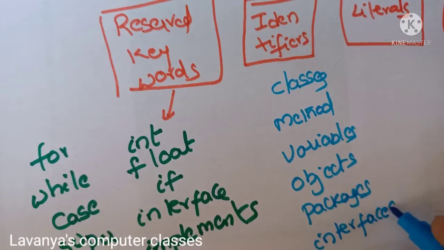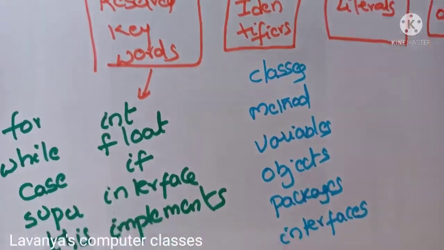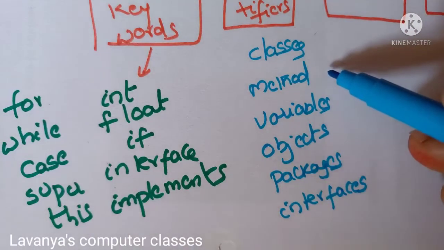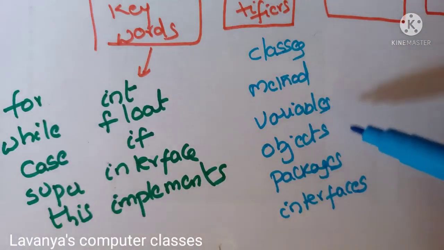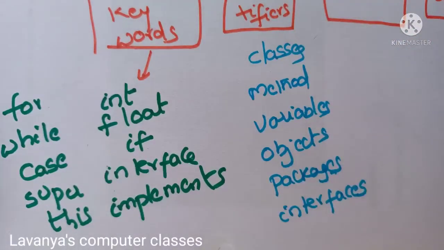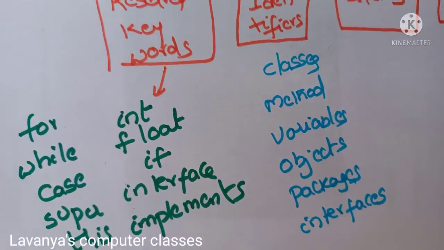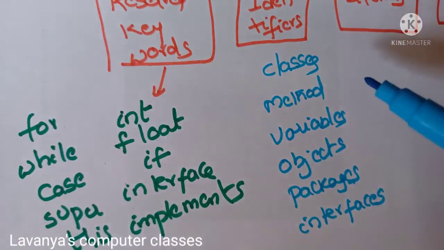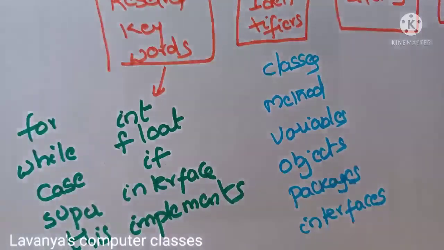If you want to write any program, you have to use these things depending on the program. So these are all called identifiers.